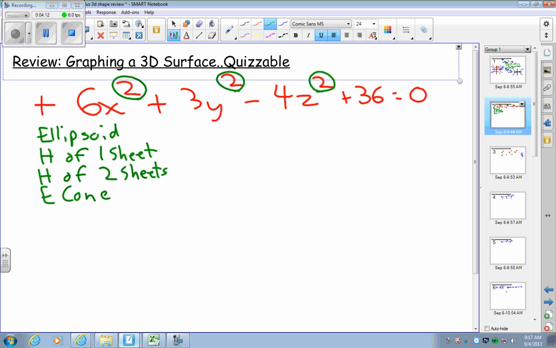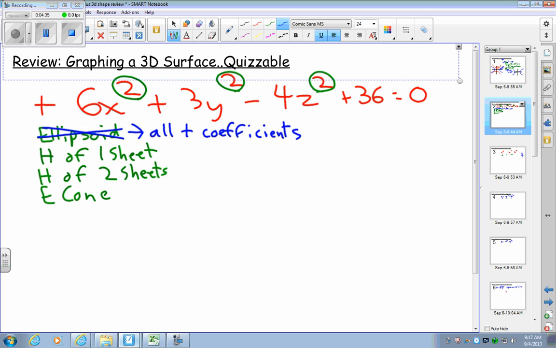Okay, so those are the options that you have. And for you to recognize things, you need to know things about each one. Ellipsoids, all positive coefficients. Here, currently the z is negative, so it cannot be the ellipsoid. Okay.